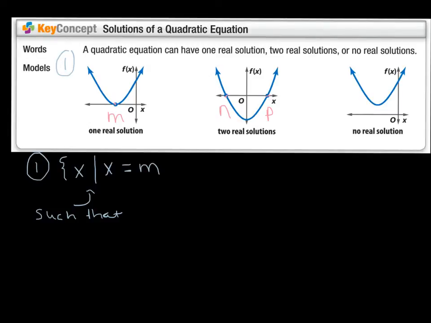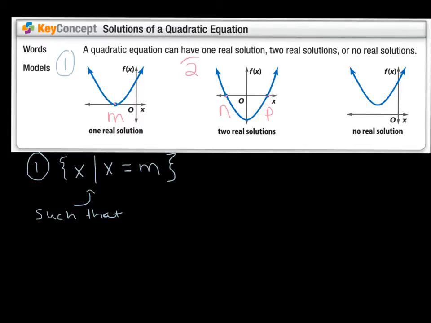There's only one solution, so we only have m there, and then end curly bracket. So this right here is how you would describe your solution. This is how you would write it in set builder notation. So we have the set, which is this curly bracket, of x, any x value, such that x equals m, end curly bracket. Okay? Let's do that for the second one as well.